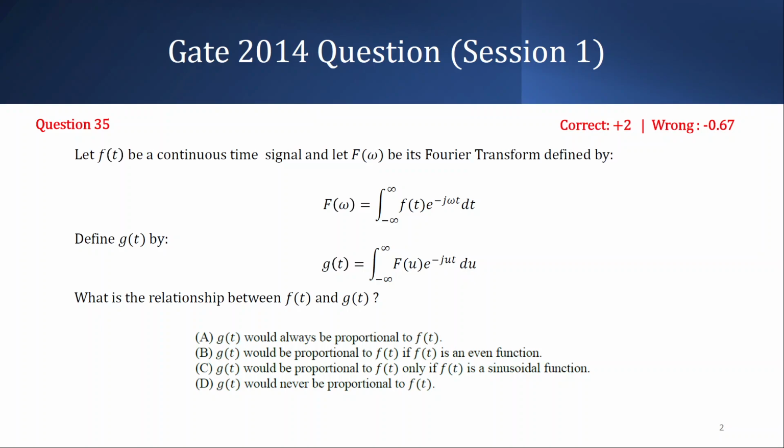Anybody with the answer yet? Your time is up. Sir, B. It is an even function. Why do you say it is B? Why do you say it is B, Navkirti? Sir, I didn't solve properly.